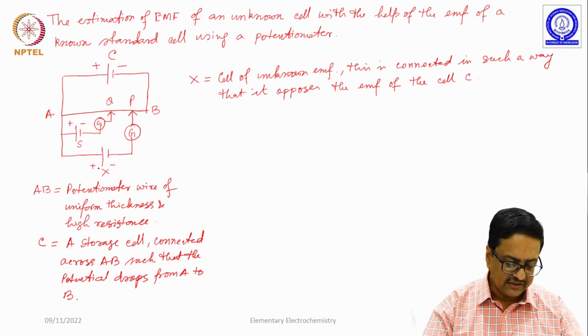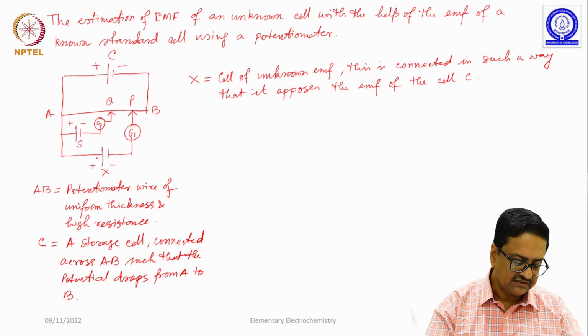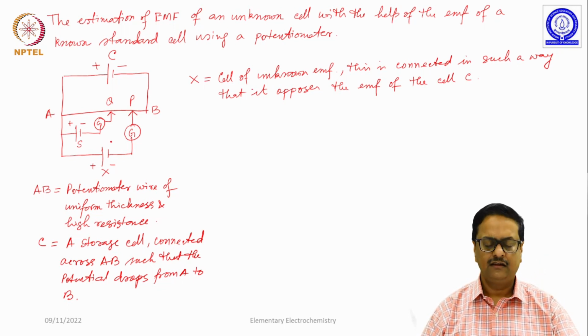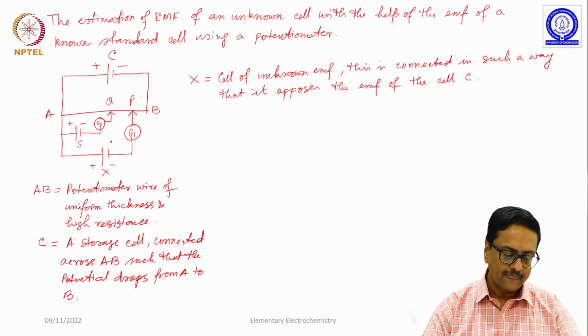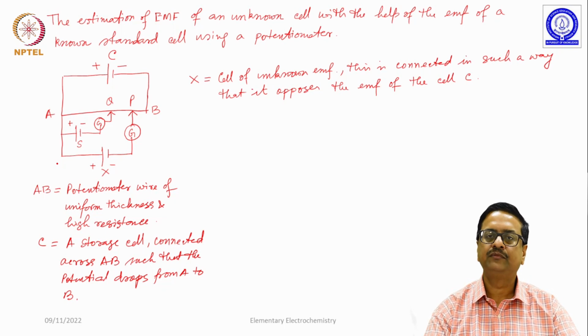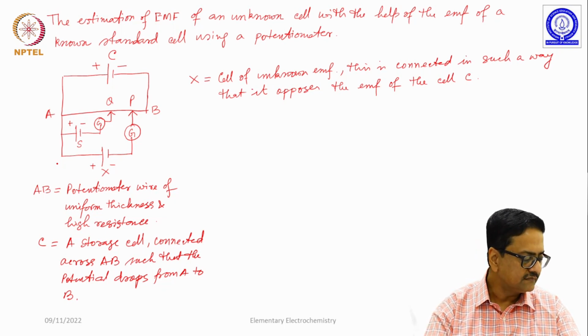You see, we have connected the plus of this in this direction, so that the plus of C is straight away connected, which means these two cells are connected in opposition. So, the potential of X can oppose the potential of C.